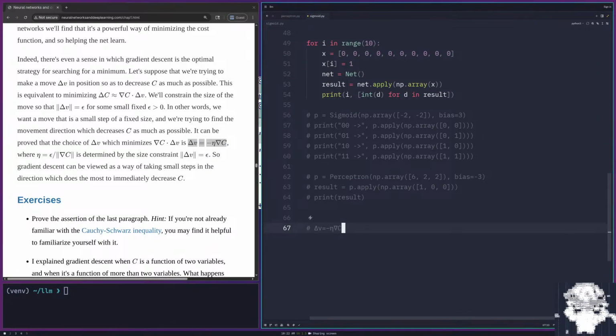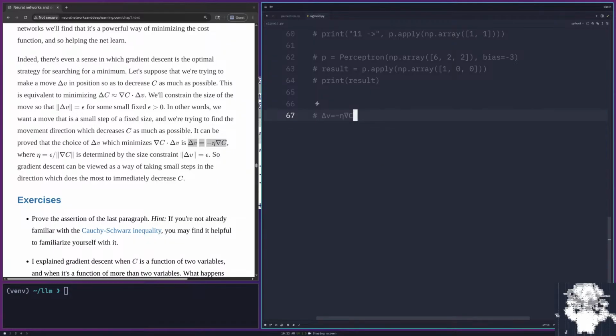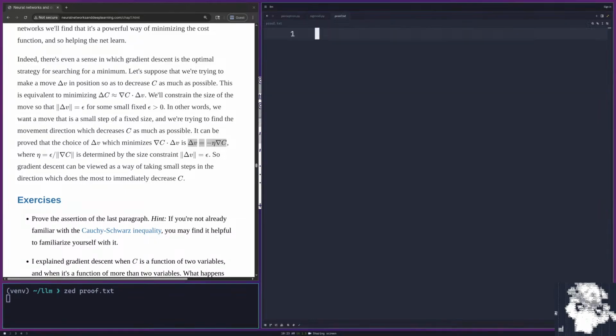All right, I can have some symbols in my code. And I'll make a new file here, proof.txt.